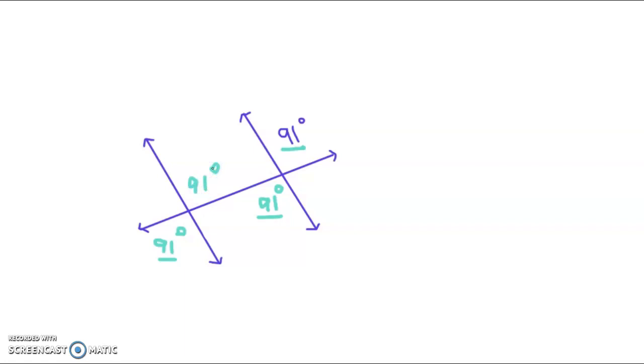So now to find the next angle, we're just going to take the linear pair to 91, which would be over here. To do this, we're just going to do 180 minus 91, which equals 89.